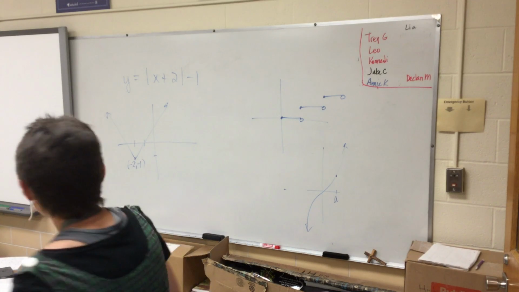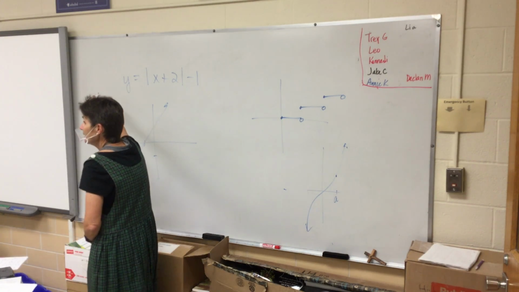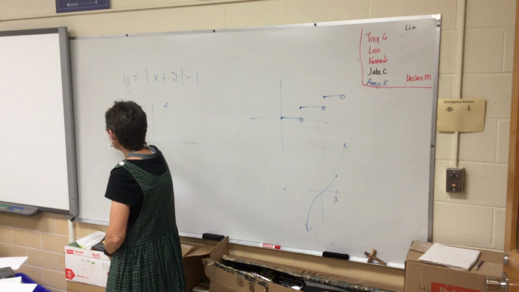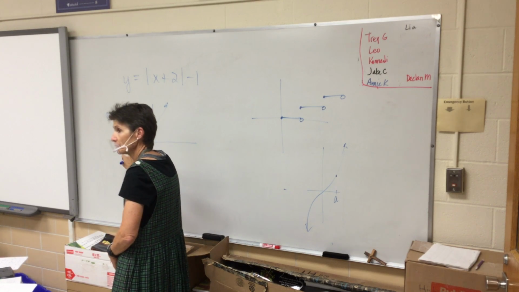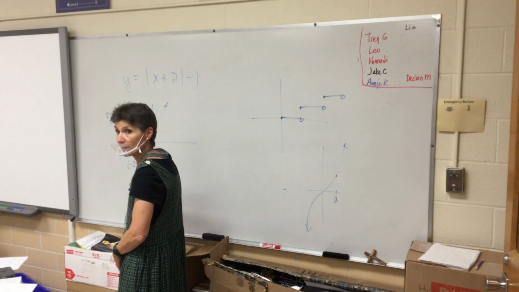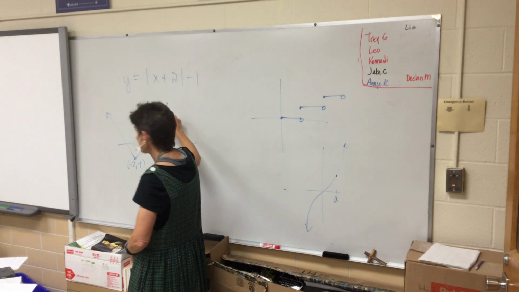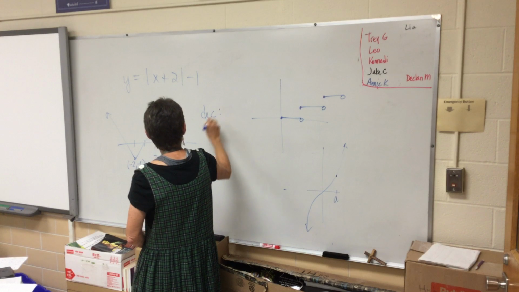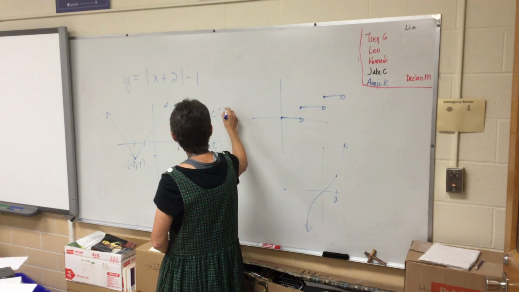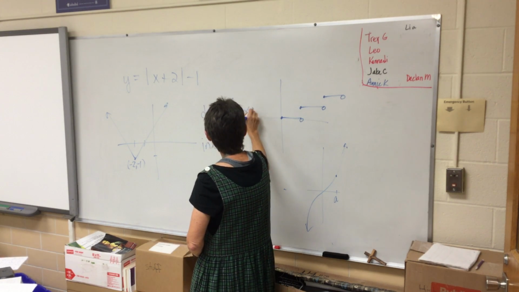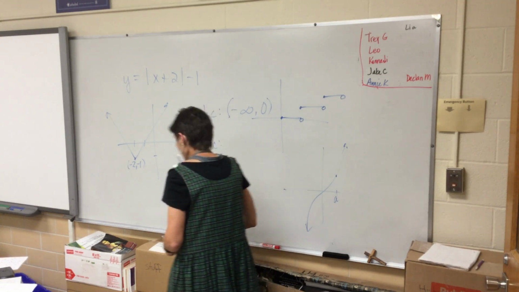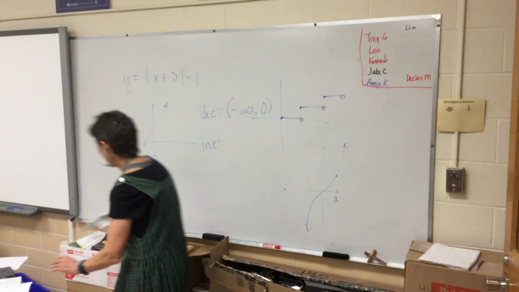Left to right. So as I draw left to right, what's happening to my pencil right here? It's decreasing, right? And then what's happening to my pencil here? Increasing. So what we'll write is, we are decreasing from negative infinity to 0. These are x values.